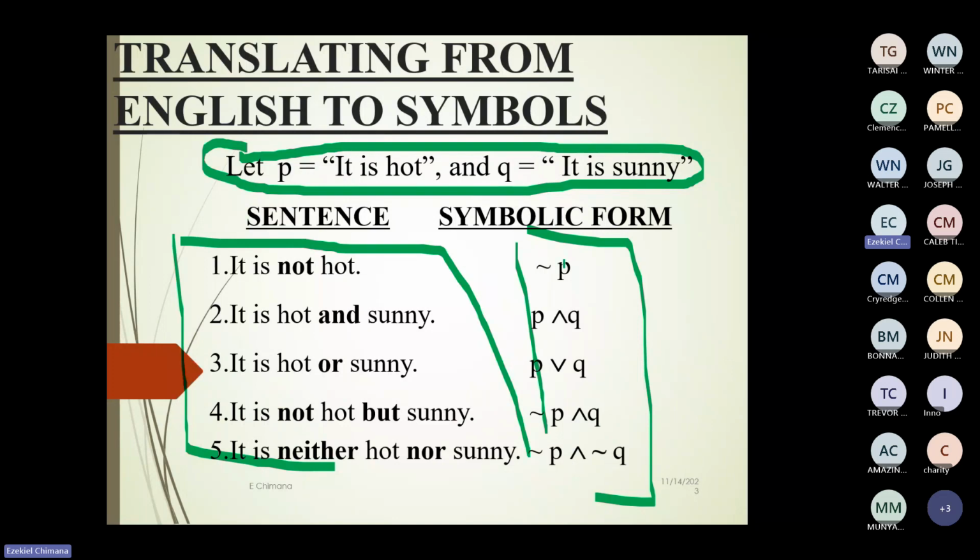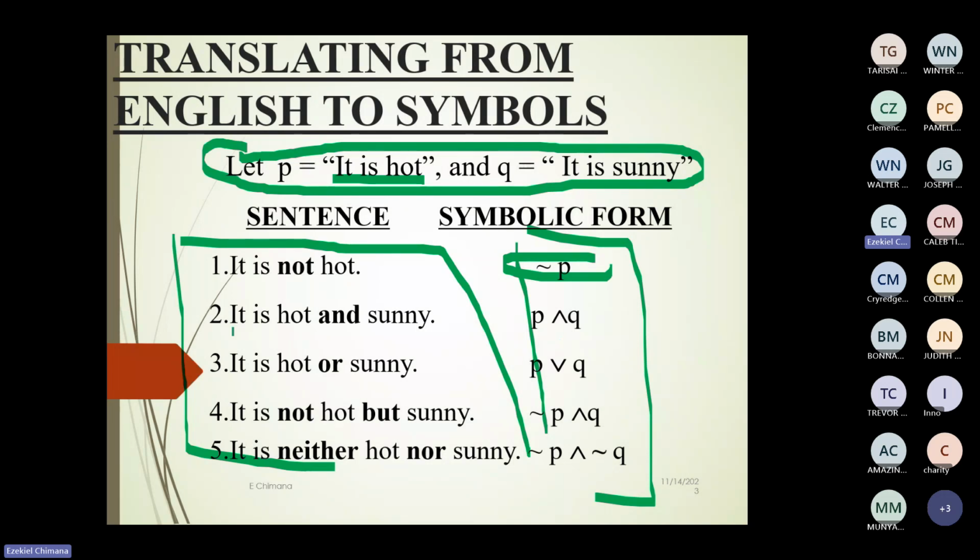Sometimes you might be given the symbolic form and asked to write the sentence, or be given the sentence and asked to give the symbolic form of these compound statements. If you are saying it is not hot, we are negating P, so the symbolic form is the negation of P.